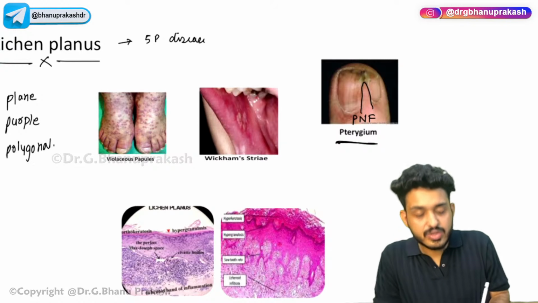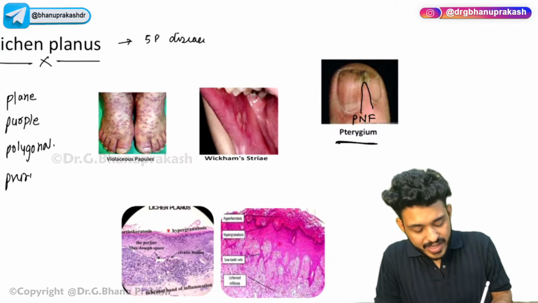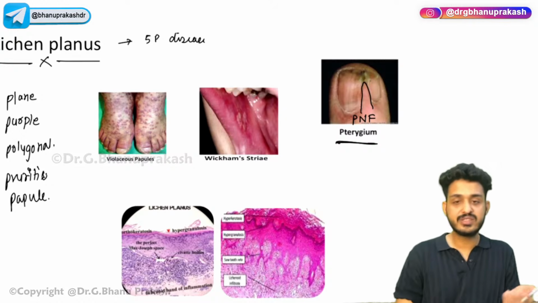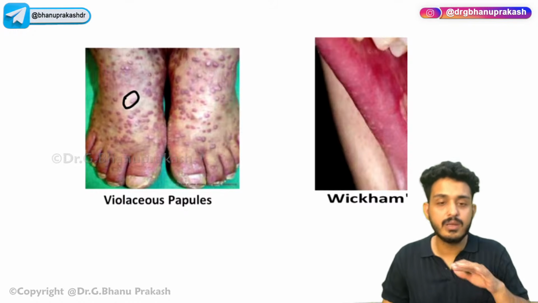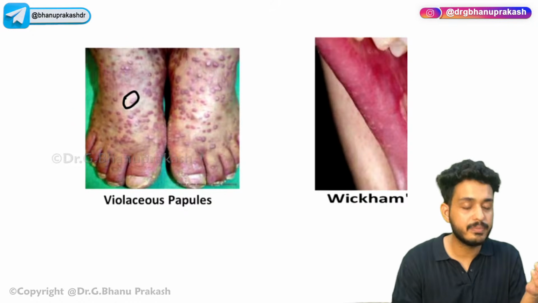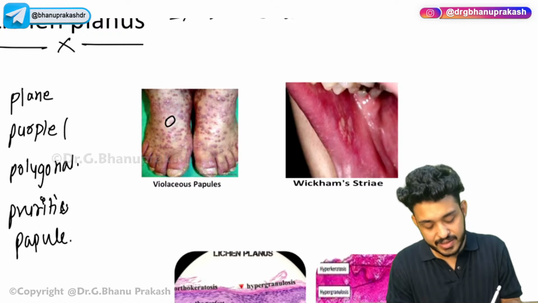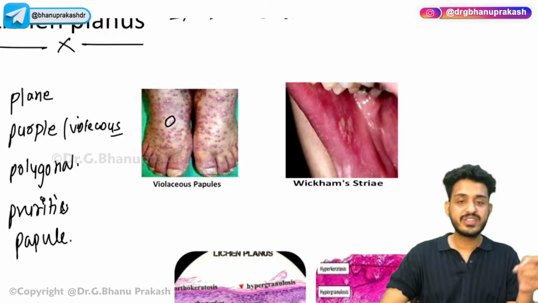These are the keywords you will be finding in the exam. Plain, purple, polygonal, pruritic. Pruritic means with itching. Pruritic papules. You will be having solid lesions, that is a papule. So you will be having this type of plain, purple, flat top, polygonal papules. So you have to look for this 5P. Purple, they can also write as violaceous. Sometimes they can write violaceous papules.